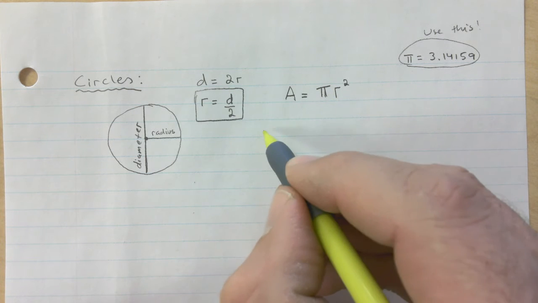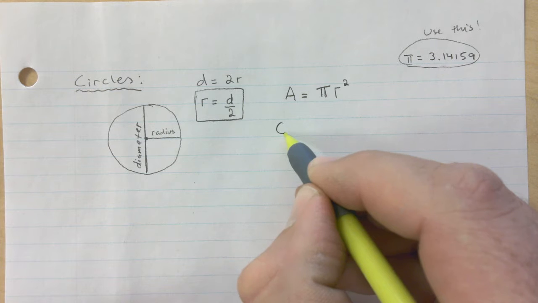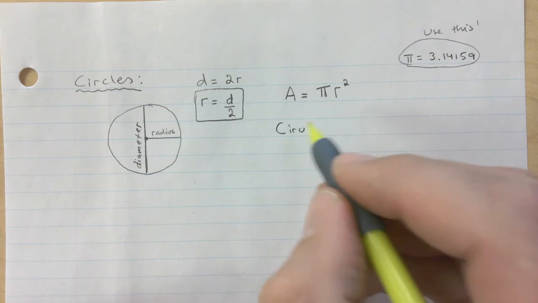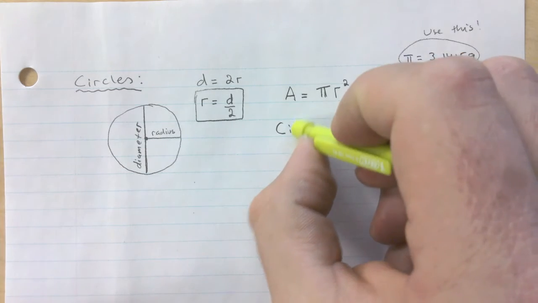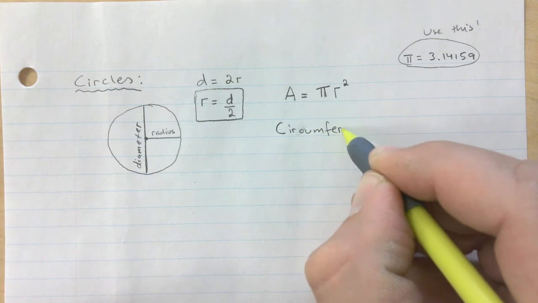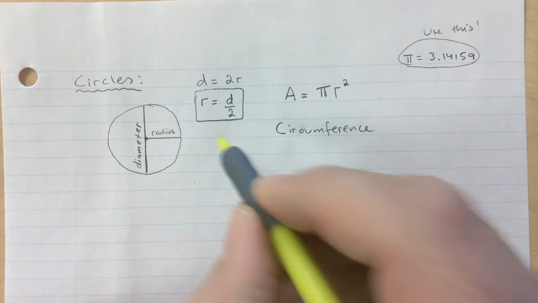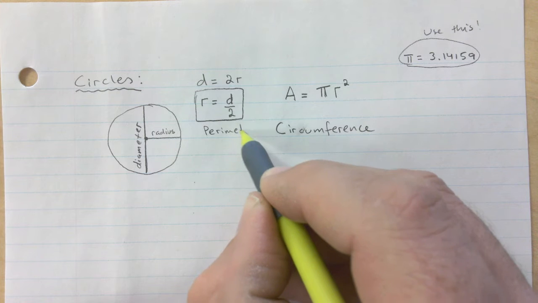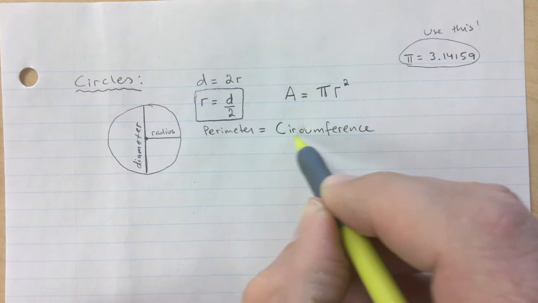And the perimeter is called the circumference. So sorry, I'm going to backtrack. Perimeter, it's basically the circumference, right?